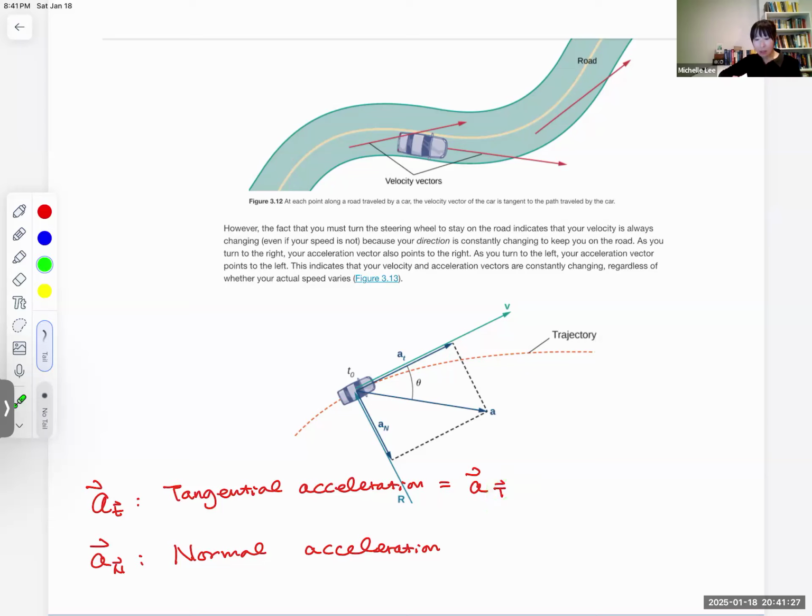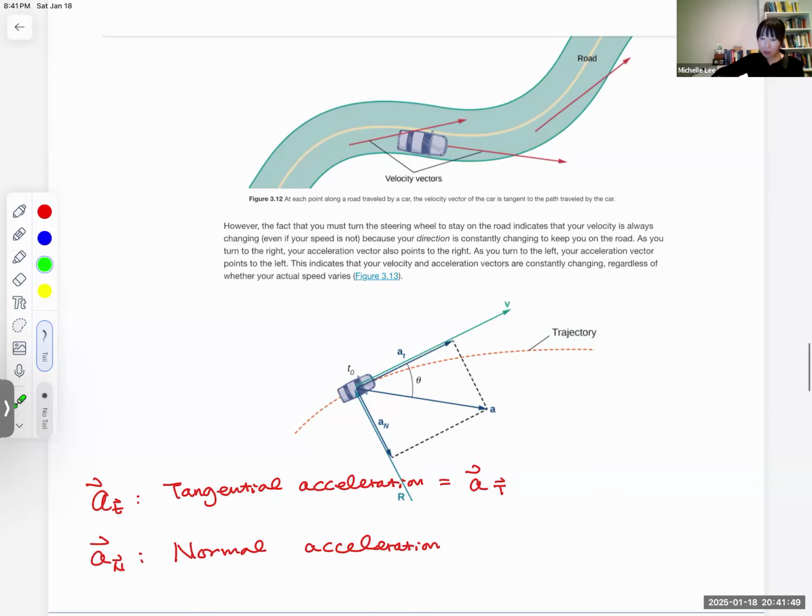And we know the normal vector is orthogonal to the tangent vector, so we have normal acceleration, which we denote a sub n there.